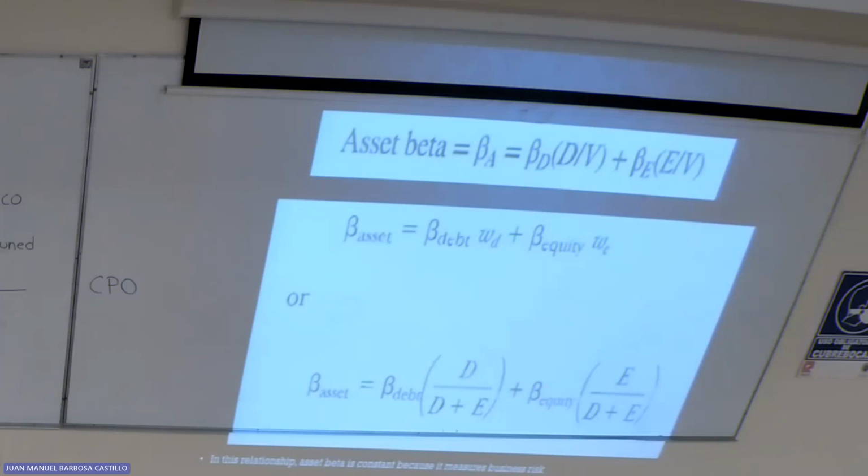The cost of capital is the weighted average of the cost of financing. It means that the risk of the company should also be a weighted average of the risk of the debt and the risk of the equity. Right?